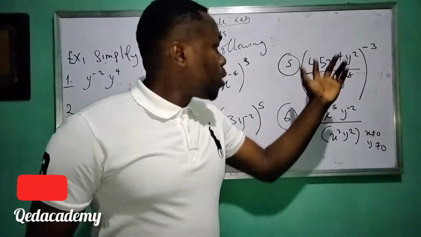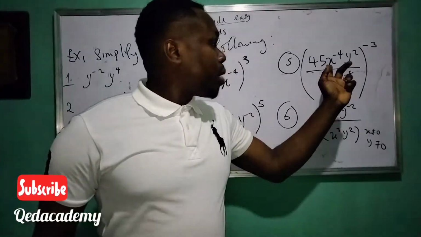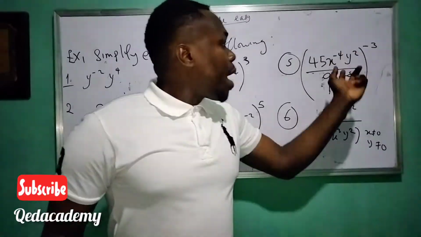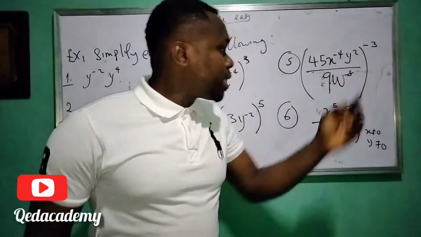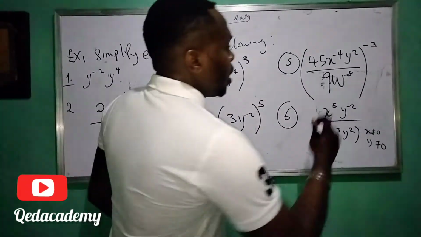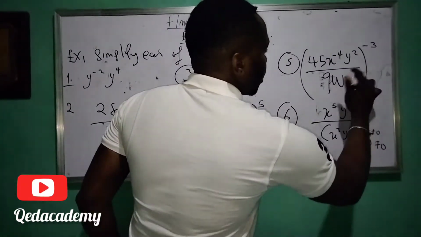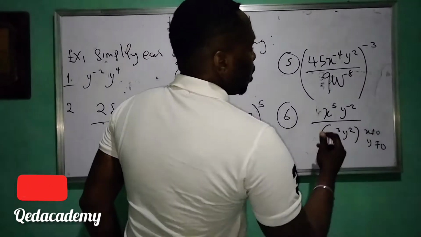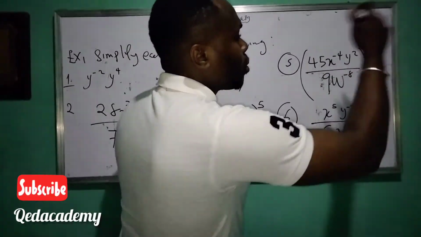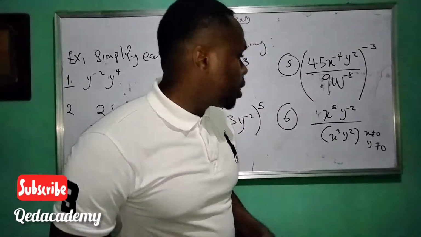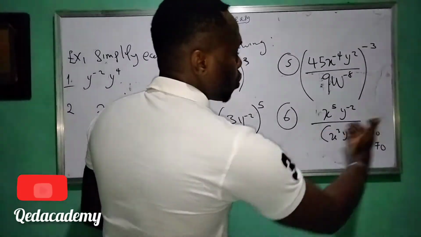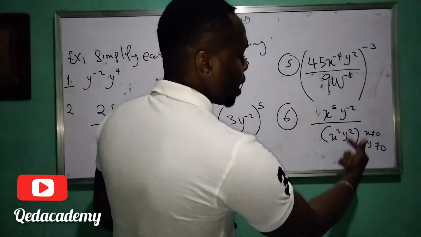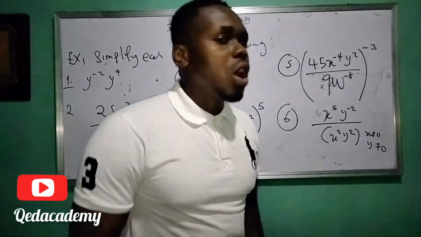This is open bracket 45x raised to the power minus 4 y raised to the power 2 all over 9w raised to the power minus 8, take note, it's minus 8, all in brackets raised to the power minus 2. And the last example is x raised to the power 5 y raised to the power minus 2, all over open bracket x raised to the power 3 y raised to the power 2 close bracket.